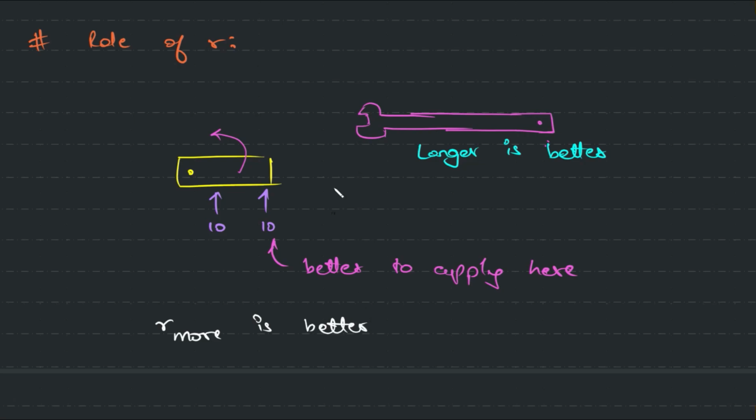And you can look at it mathematically also. Tau is R F sine theta. If F sine theta is constant, then it is proportional to R. So if R increases, torque increases. Mathematically also, you can see that. Of course, you can do it physically also.